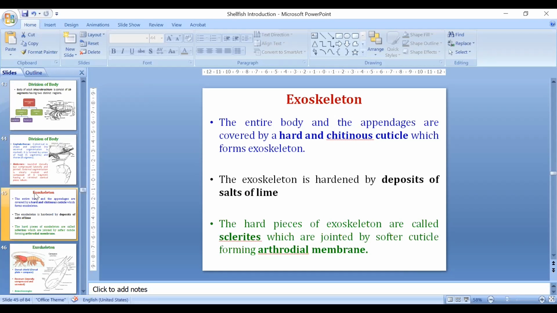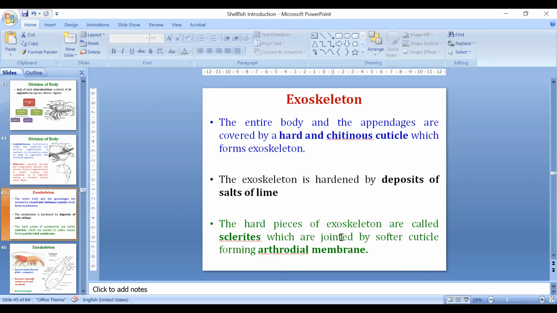The hardening of the exoskeleton is done by the deposition of calcium carbonate, or salts of lime, on this chitinous cuticle, which makes it harder. In young prawns, the cuticle and exoskeleton are soft. As they grow, the exoskeleton starts hardening by the deposition of calcium carbonate.